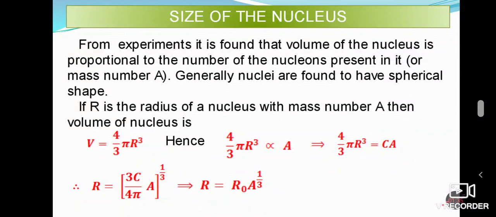Or we can write R equal to R naught into A raised to 1 by 3, where R naught is the constant term, that is 3C by 4 pi, whole raised to 1 by 3.